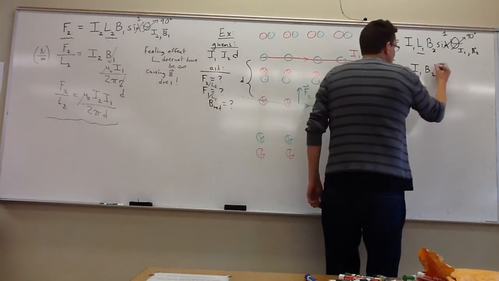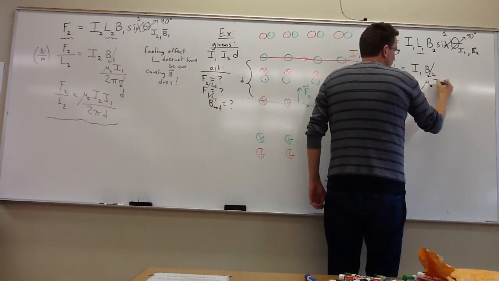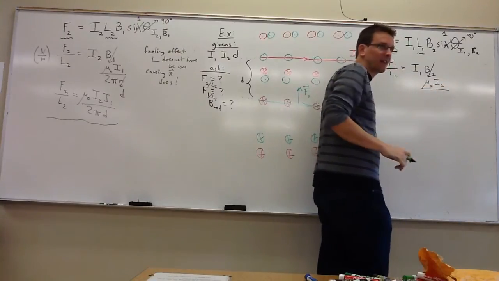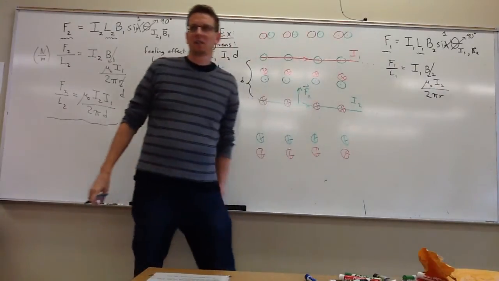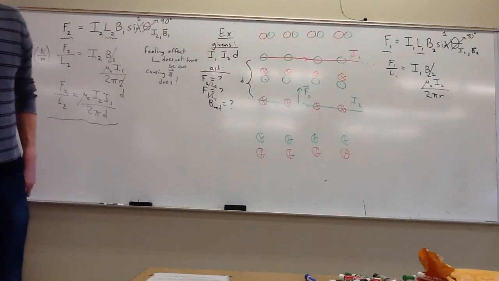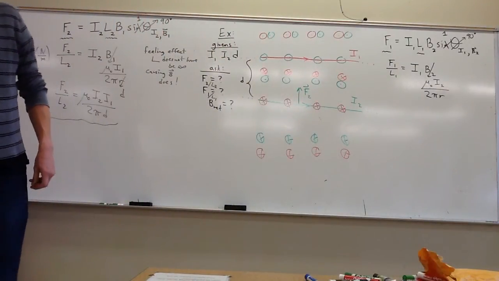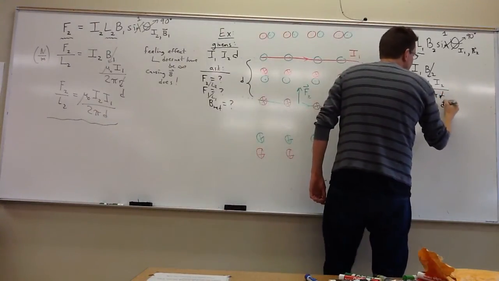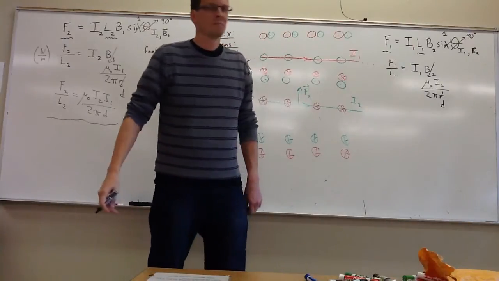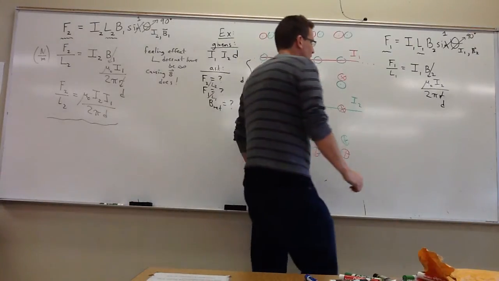Okay? We now know how to solve it. It'll be the amount of current in that second wire and how far we happen to be from that second wire. So how far are we away from wire 2 when we're at wire 1? D again. So what do we find?